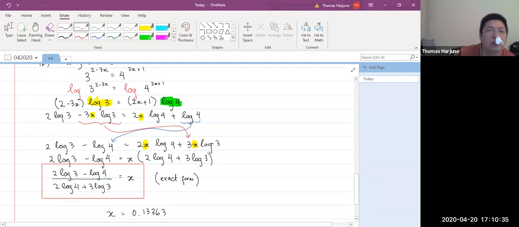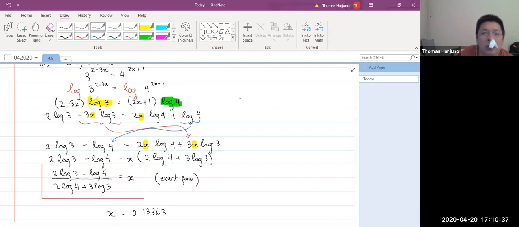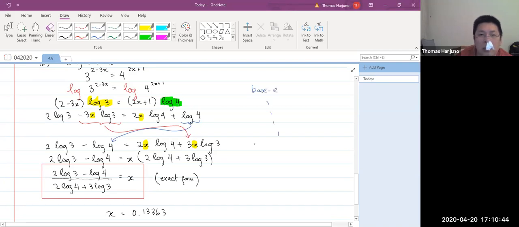In fact, I can tell you something. Suppose you work the problem in base e. Your answer later on will be 2 natural log 3 minus natural log 4 over 2 natural log 4 plus 3 natural log 3.